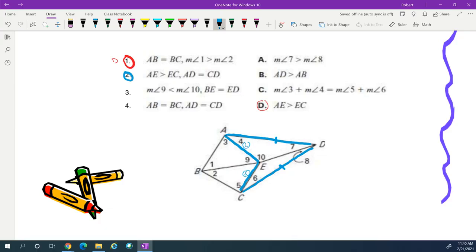So again, we want to be able to see the triangles that we're working on. So we're just going to split this right into 2 triangles right there. Trace our sides back to our angles. Bigger angles opposite the bigger sides. So AE is large. That means angle 7 is larger. Angle 8 is smaller. So our answer here is A.